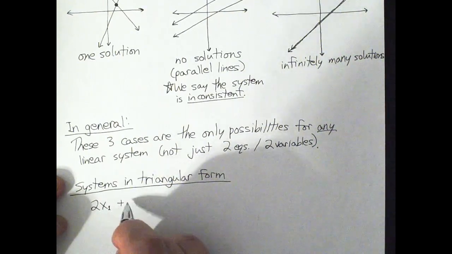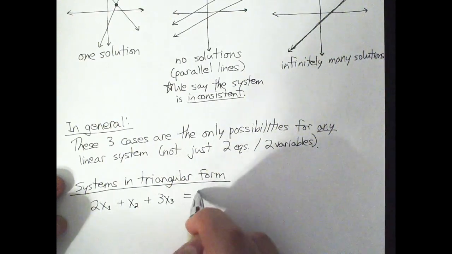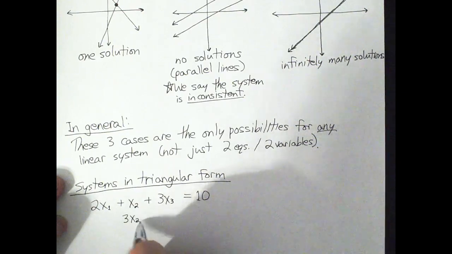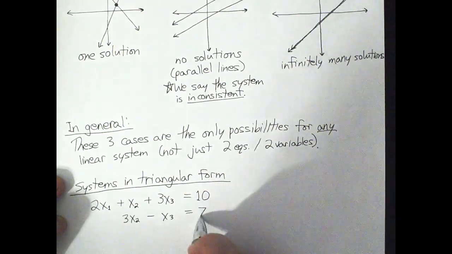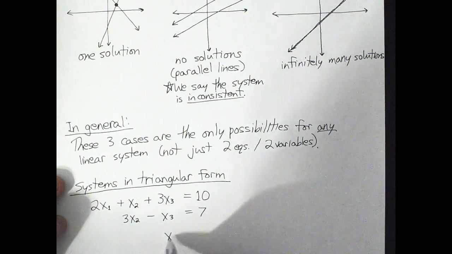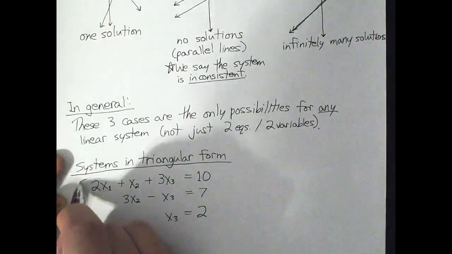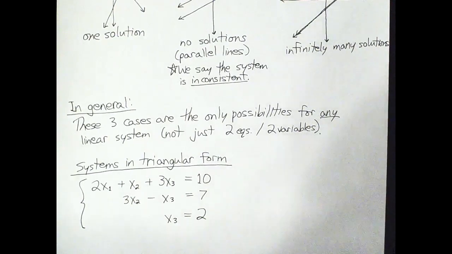So here's a linear equation. Here's another linear equation. And here's another linear equation that's a really small one. So this is a system, if I put the little brackets next to it to indicate that we're considering these equations together.